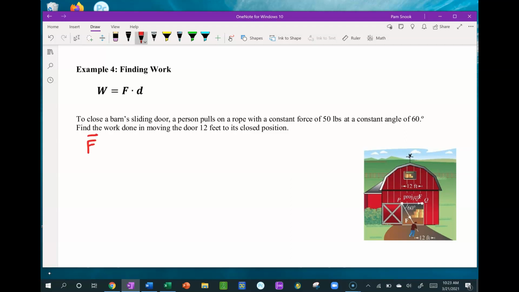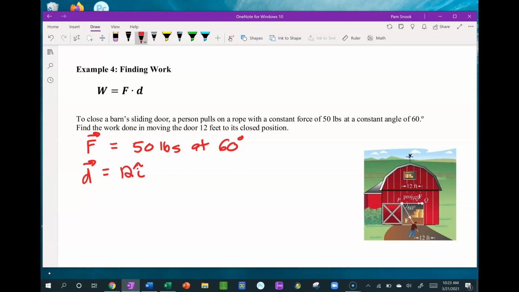So our force vector is 50 pounds at 60 degrees. And then the d vector, that we're told is 12 feet, and it's going along the direction that the door closes. So that's a 12, and it's going horizontally, so that's a 12i.